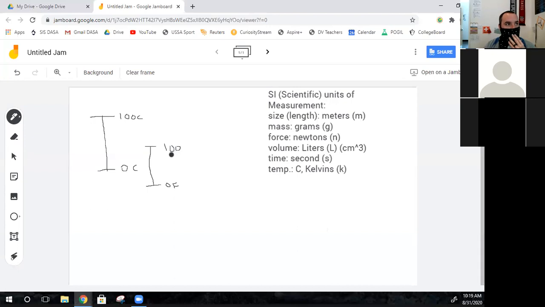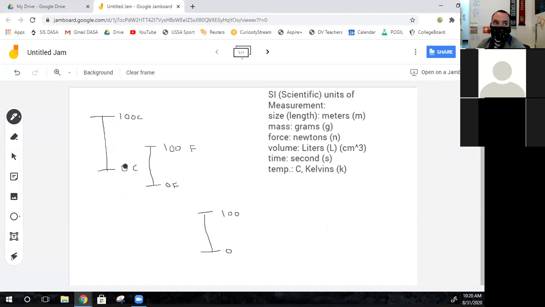Okay? All right. And then if we do kelvins, Kelvin 0 is here, and 100 is here. No, not really, because 0 degrees Celsius is 273 kelvins.